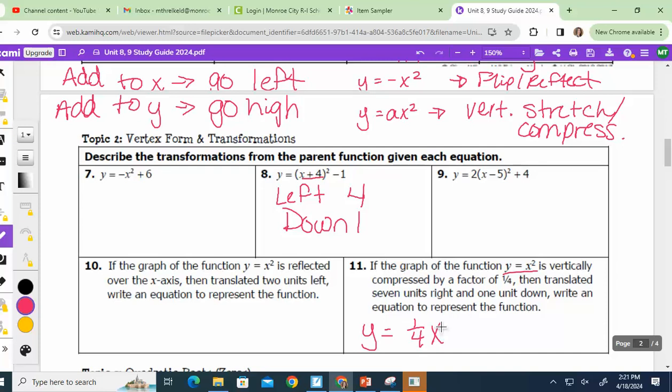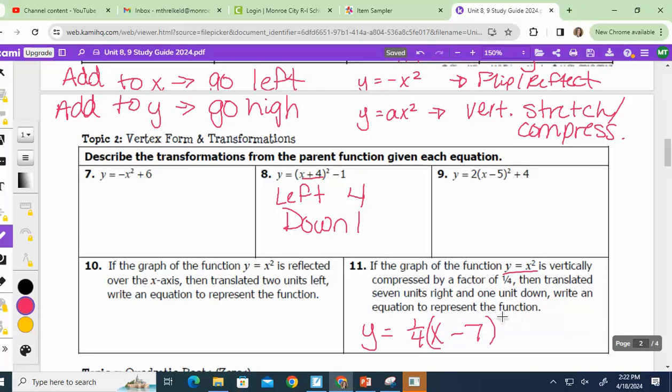Oh, you flipped it. Yeah, I think on the example we were just talking about the difference between the two. So on the stretching or compression, I will give you the actual number that goes in front. So it's a 1/4. If it goes right 7, what do I need to do with my x?